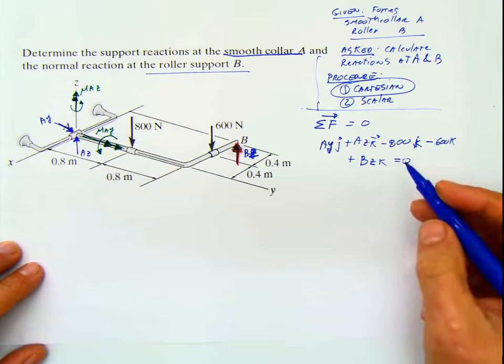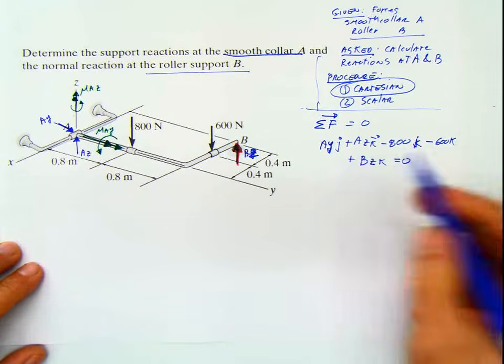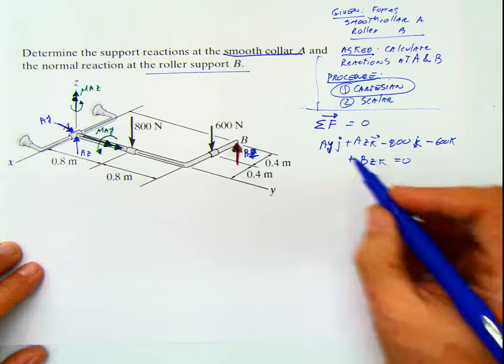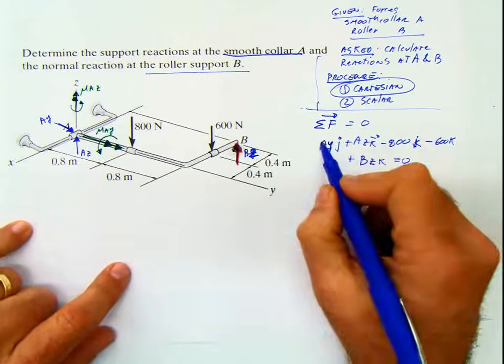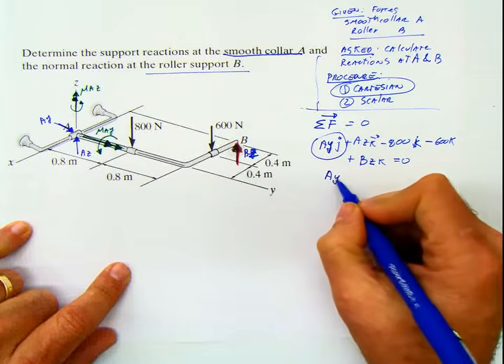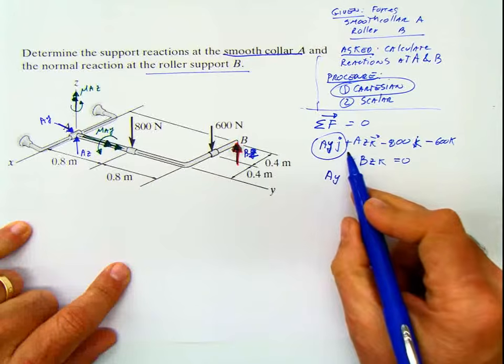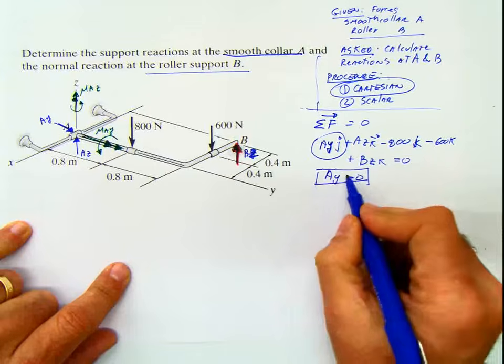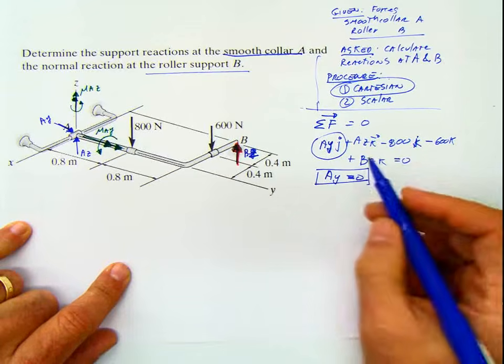Now basically we can just match everything that is i with i, everything that is j with j, and everything that is k with k. So what do we have in Y? In Y we have that AY in j and nothing else. So AY is 0. What about k?